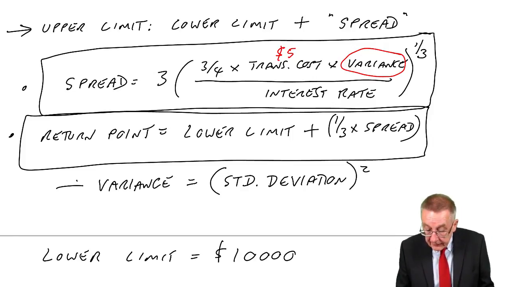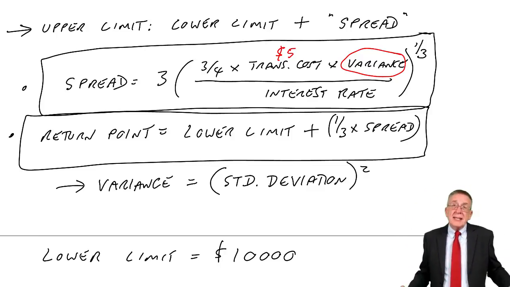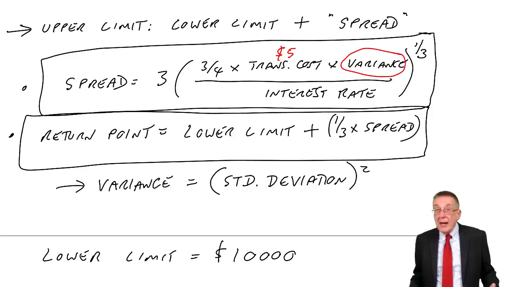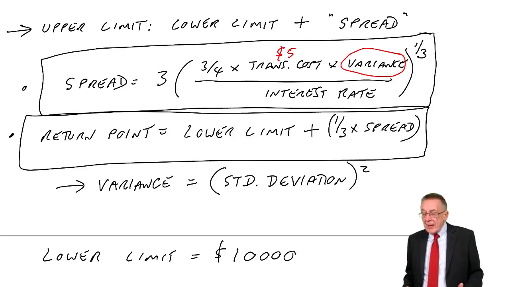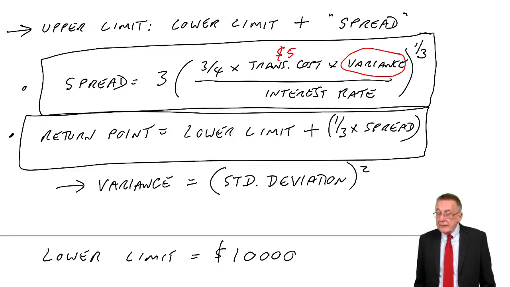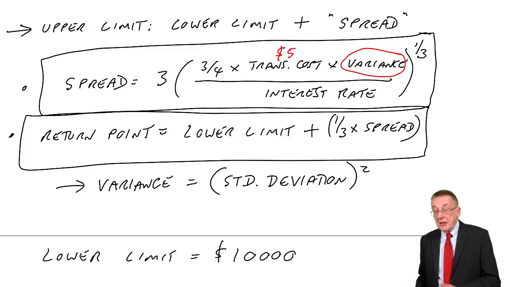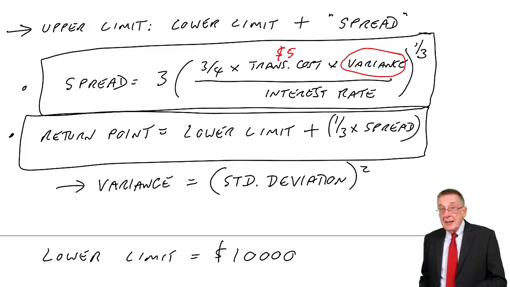Now, that isn't given. It's very annoying that variance and standard deviations aren't in the syllabus. They're not mentioned anywhere else in paper F9, and you're not required to calculate them. It's just very annoying, therefore, that he expects you to know that the variance is standard deviation squared.